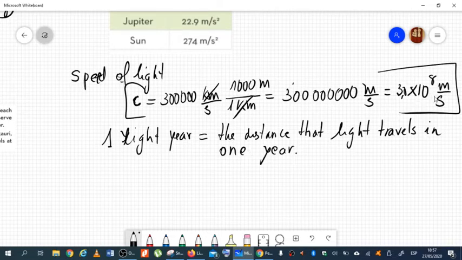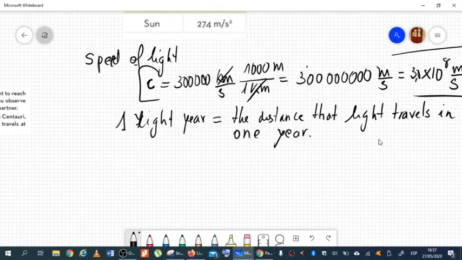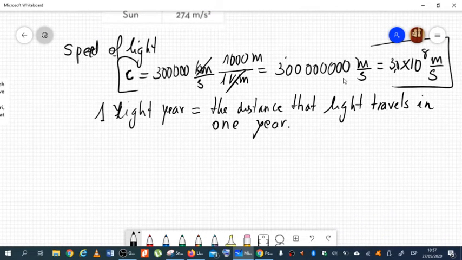Can you imagine? The velocity is 3 times 10 to the 8, or this quantity, meters in 1 second. So let's calculate what is the distance that, remember, we had the velocity for a uniform linear motion, movimiento rectilíneo uniforme, which is the type of motion that light has.